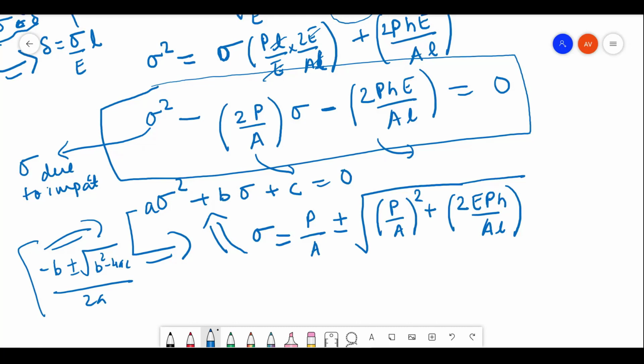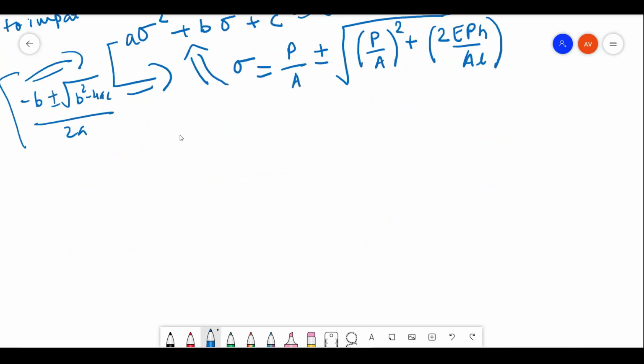Now you have two values here, so let's take the maximum value. Therefore sigma maximum due to impact is this.